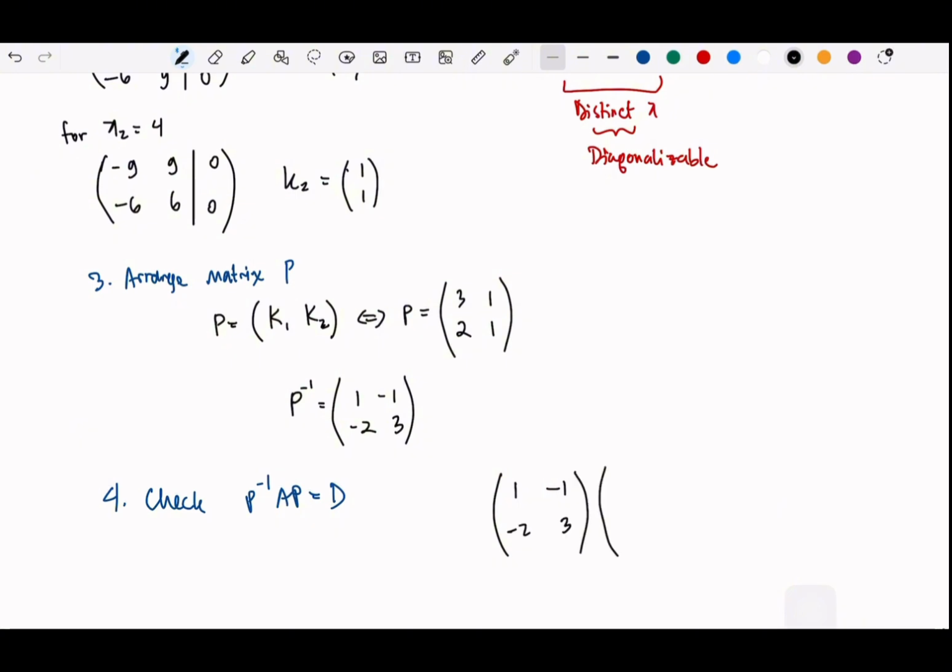And then A, what is A? It is negative 5, 9, 10, and then P is 3, 1, 2, 1.